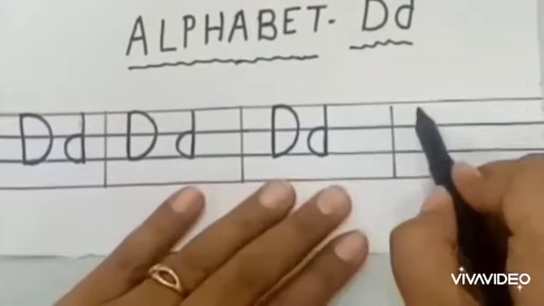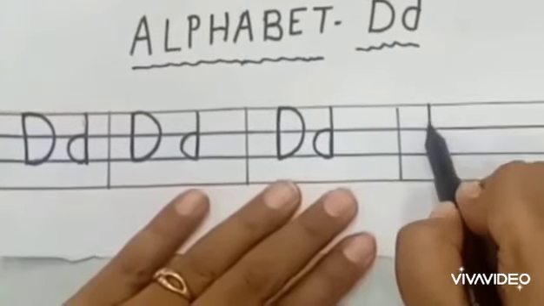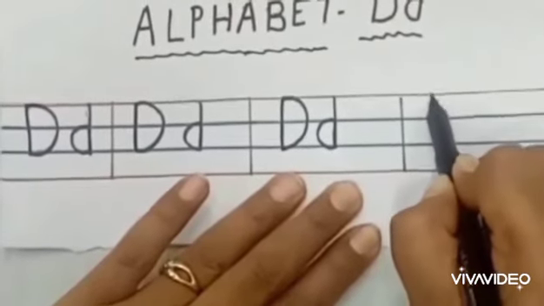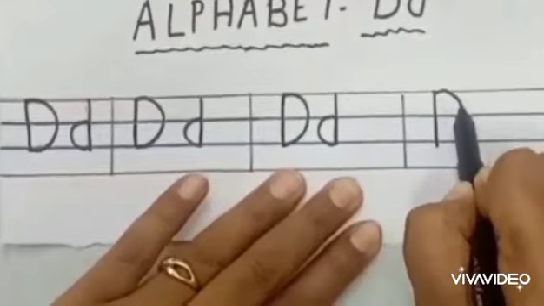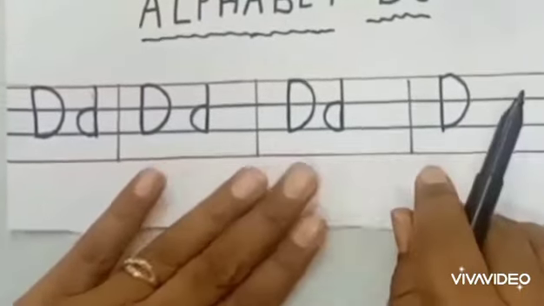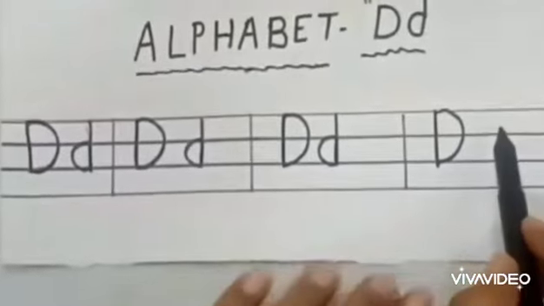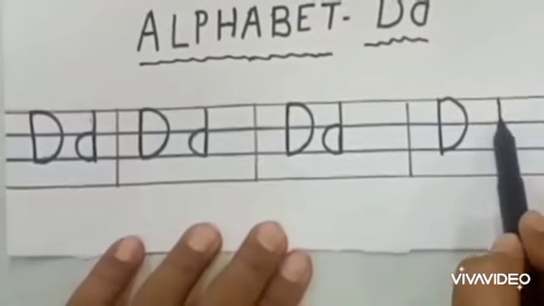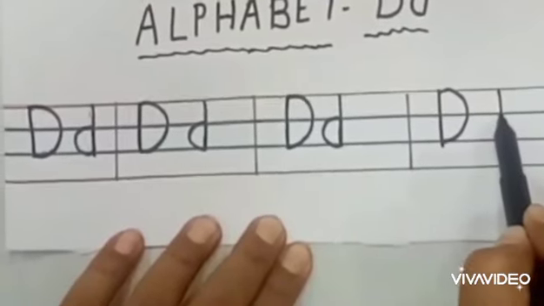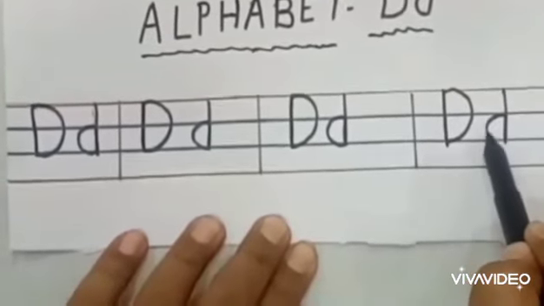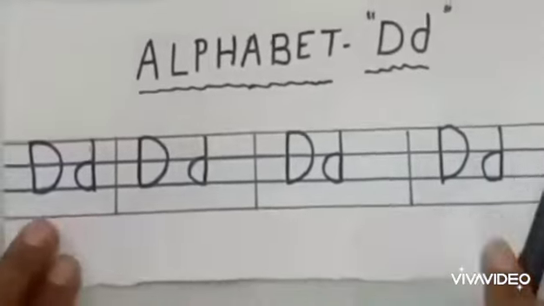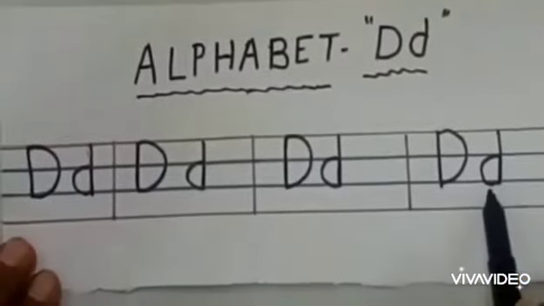Last time. Red line to blue line standing line. Go up to the red line. Make a reverse C and touch the blue line. Capital D. Small d. Capital D and small d.